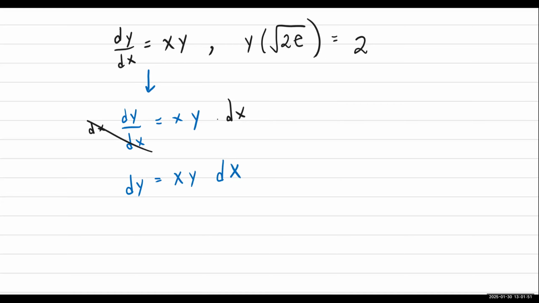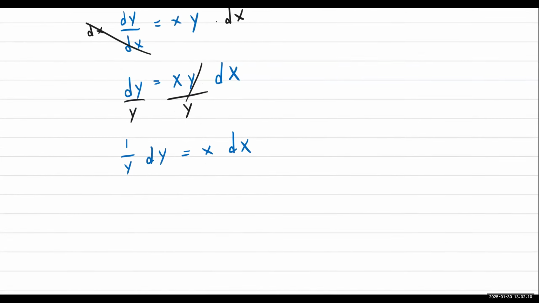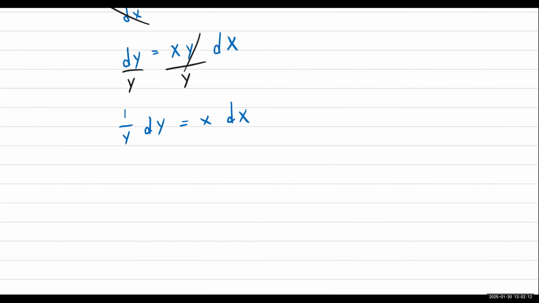But this y, I don't want it on that side. I want to bring it over to the left with the other dy. The way we do that, opposite of multiplication, let's divide. And so now I'm left with 1 over y dy is equal to x dx. So now we have two separate equations, one in terms of x, one in terms of y, and we can now integrate both sides.